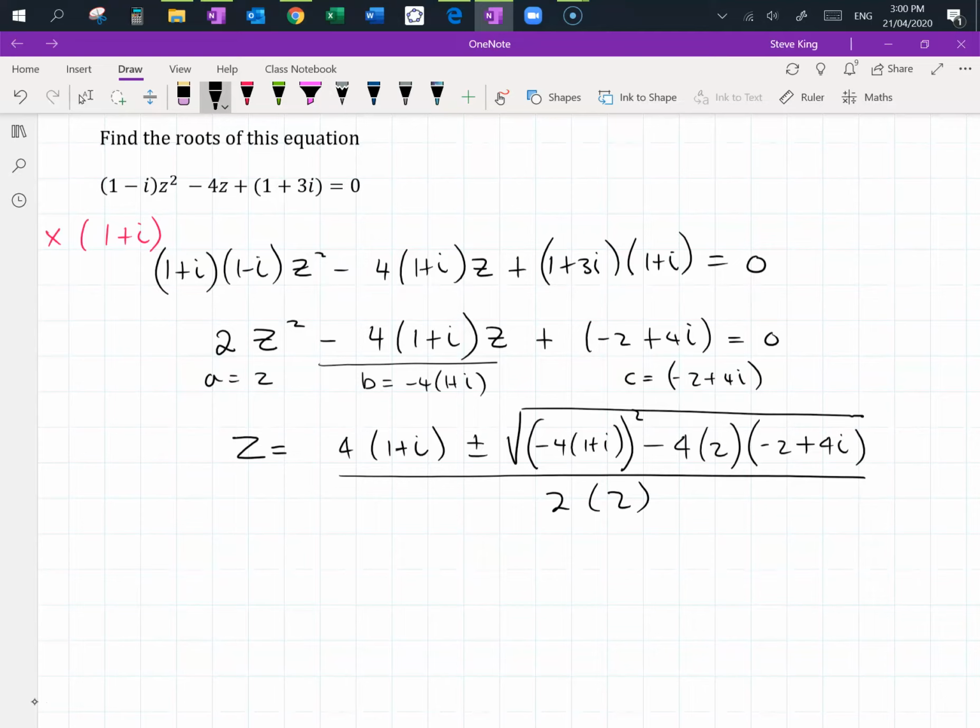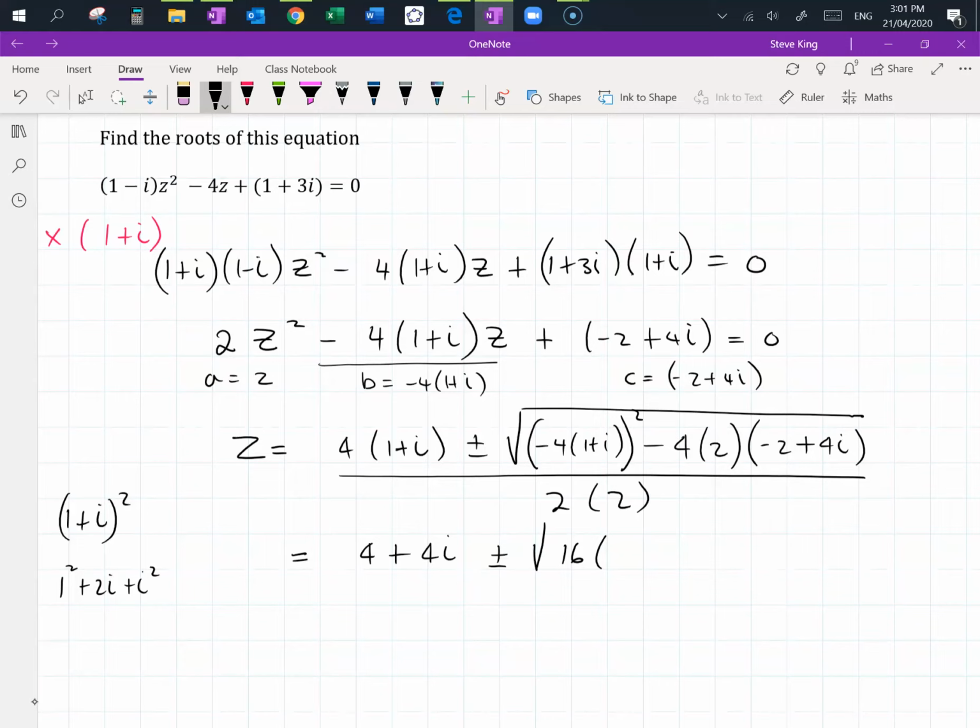Whoa! This is looking a bit gnarly. So what have we got? We've got 4 plus 4i, plus or minus the square root of what we have inside this square bracket. 4 squared is going to be 16. And if I take 1 plus i squared, let's just have a look at that. 1 plus i squared is going to be 1 squared plus 2i plus i squared. i squared is minus 1, so it's going to take out the 1 at the front.